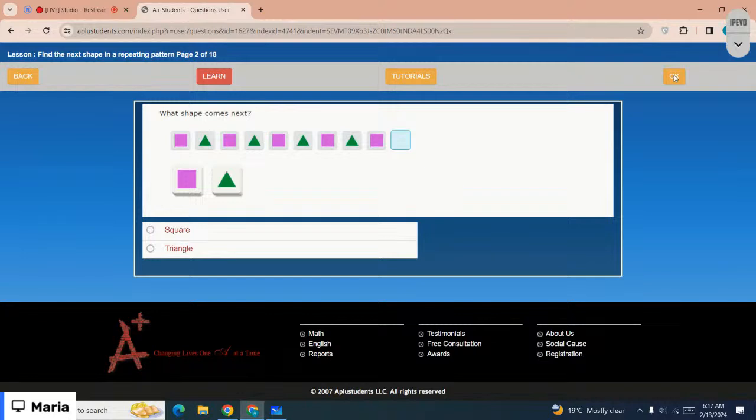So the missing one is, yes, a triangle. The correct option is triangle, right?